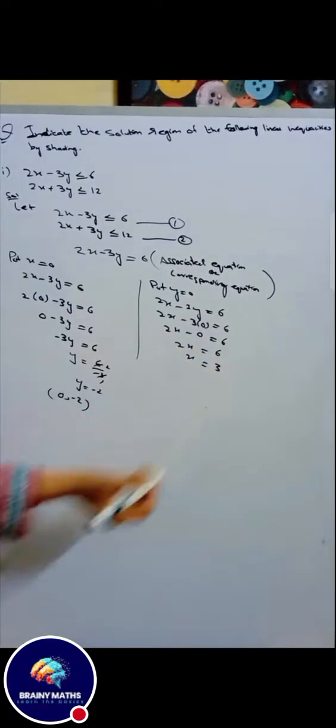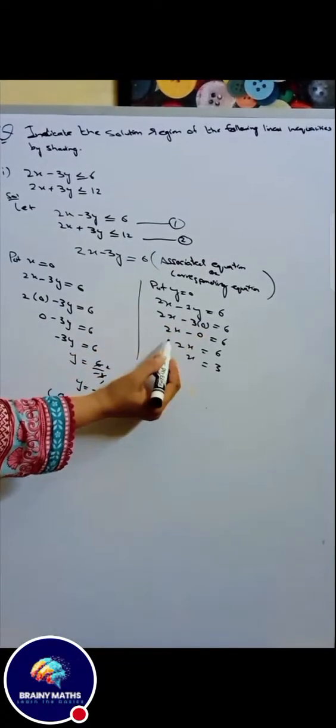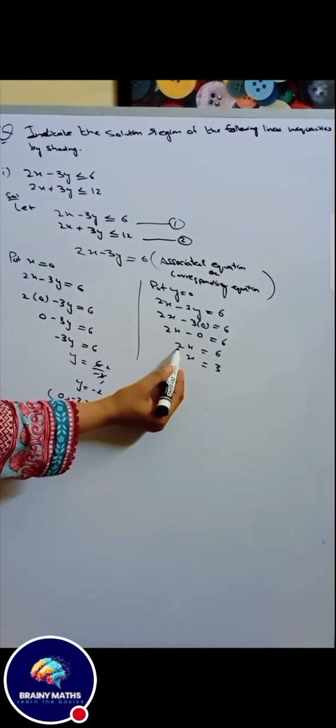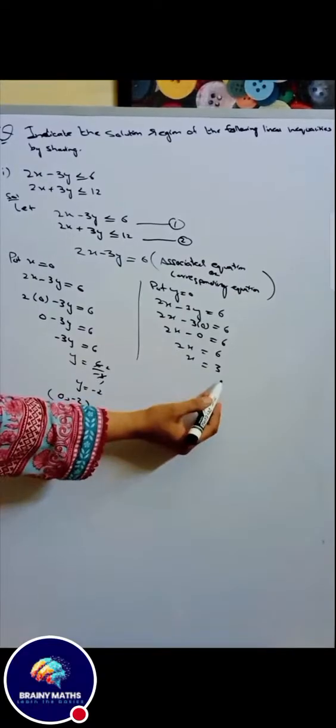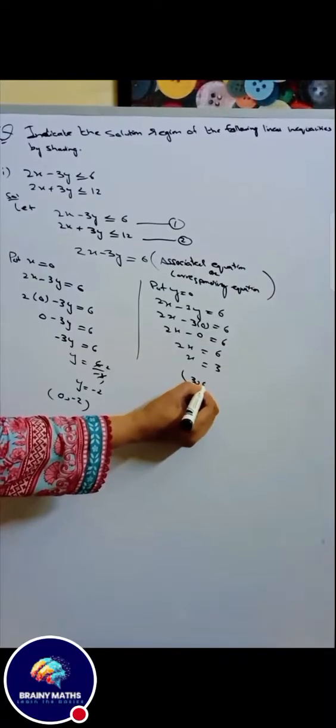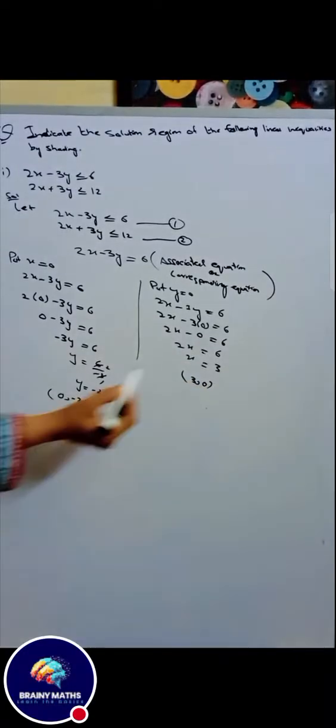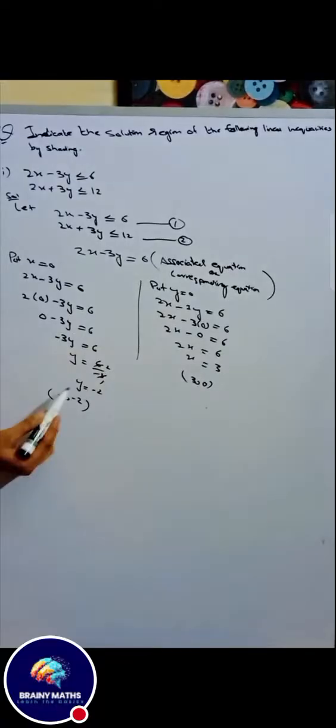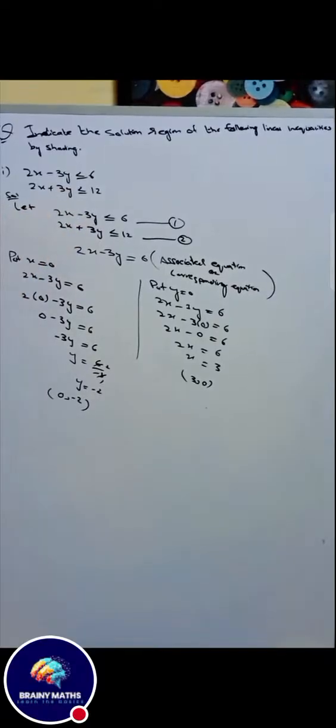X equals 3. As 2 is multiplying here, after the equals it will divide, so we get 3. So what ordered pair do we get? 3 and 0. X is 3 and y is 0. X is 0, y is minus 2. Now we have the ordered pairs of the first equation. Alright. Now same procedure. Test point.